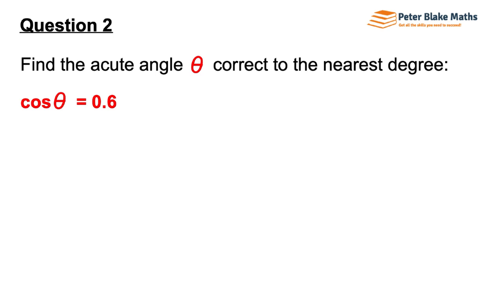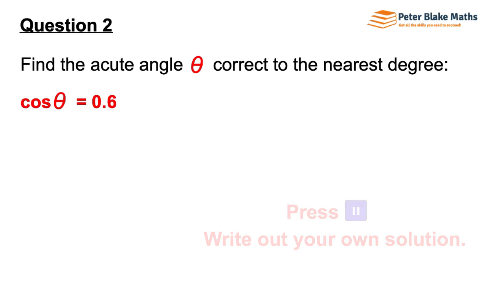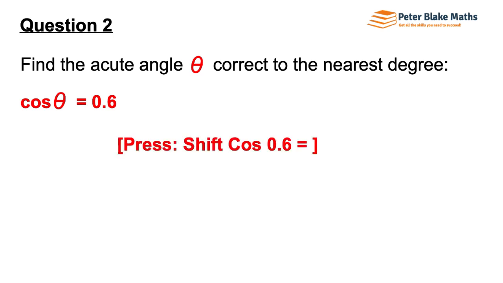Question 2. Find the acute angle theta correct to the nearest degree if cos theta equals 0.6. For this, we're finding an angle, and we must press shift at some stage when we're finding an angle, otherwise we'll get a very strange answer.